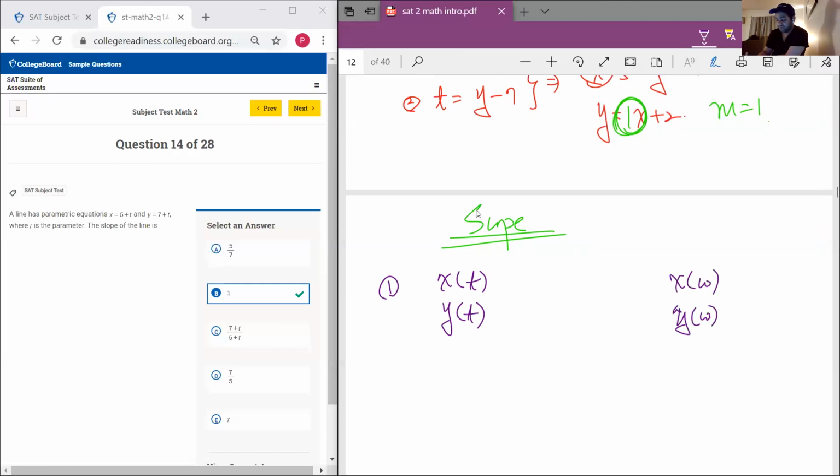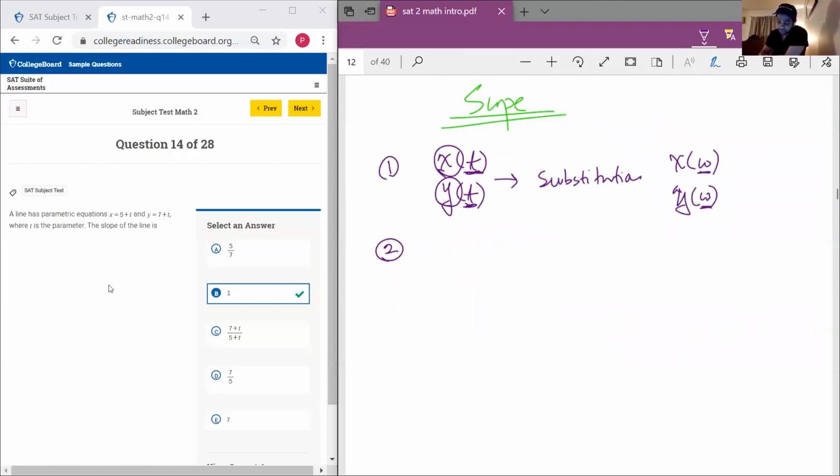My point is, if it's some other variable, every Greek letter, whatever, then you can simply use substitution by solving for that variable and then setting the two equations equal to each other and relating x and y. That's always going to be the play when x is given to you in terms of a parameter and y is given to you in terms of a parameter that is t or some other variable.